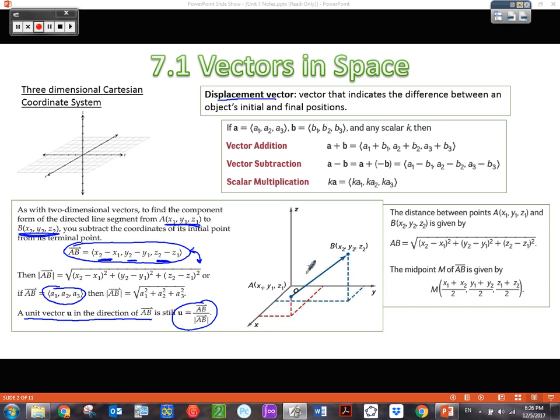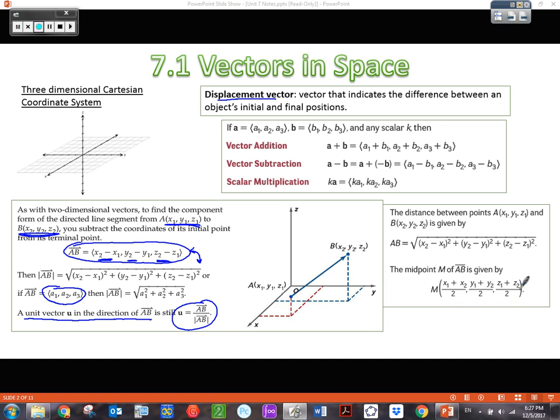So this is just a diagram. We're going to draw a vector in just a moment. It's just an idea going from point A to point B. The distance formula, the distance between 2 points, we have points in 3 space. And the distance formula is, amazingly, just the same as in 2 dimensions. We're just adding a third dimension. If I want to find the distance between point A and point B, I would simply use this distance formula. And we can find midpoints in 3 space. Again, it's pretty cool.